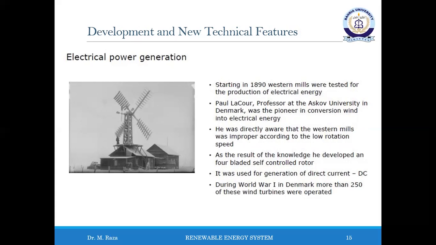He developed a very perfect self-governing four-bladed wind turbine with a DC generator for remote homes. During the First World War, more than 250 turbines of this type operated in Denmark. For more than 50 years, these la Cour machines were produced.